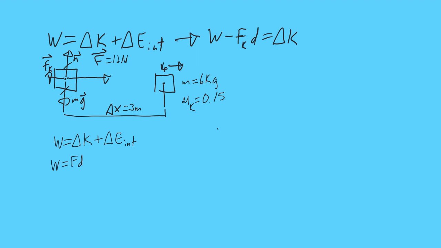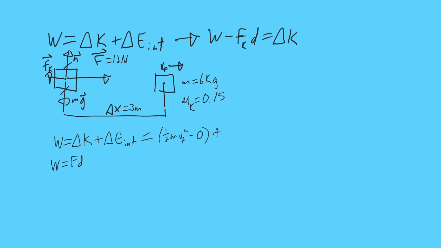We know that work is going to be equal to, right? If we're going to have a change in kinetic energy, it's going to be the final kinetic energy minus the initial, which is 0, right? It's not moving at the very beginning, plus that change in internal energy.